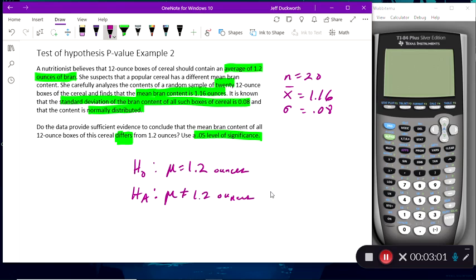Again, we know we are dealing with a mean. And N equals 20. It's not greater than or equal to 30, so we have a small sample.